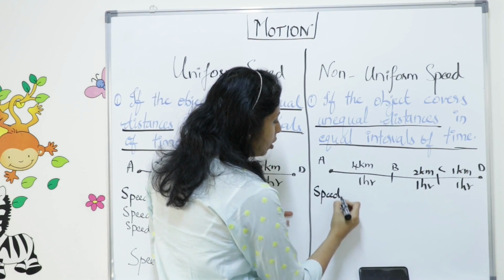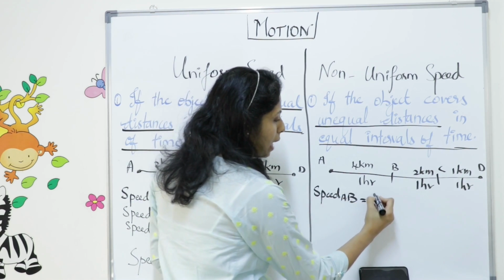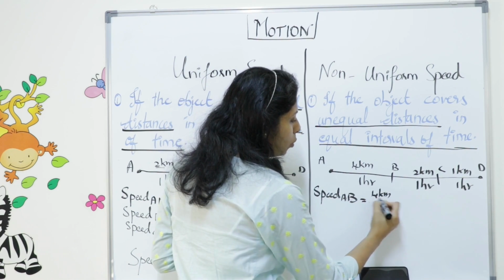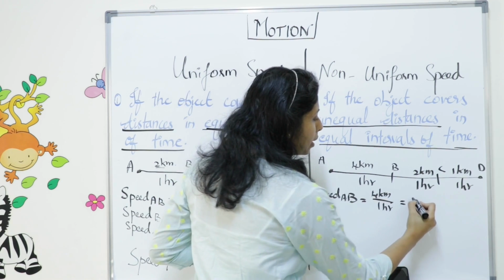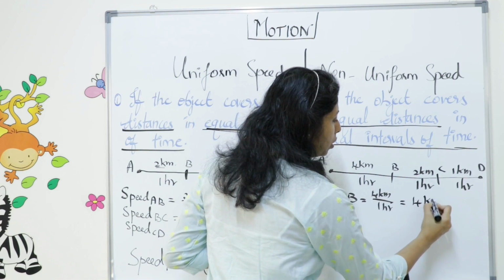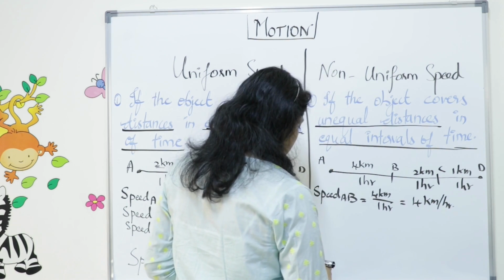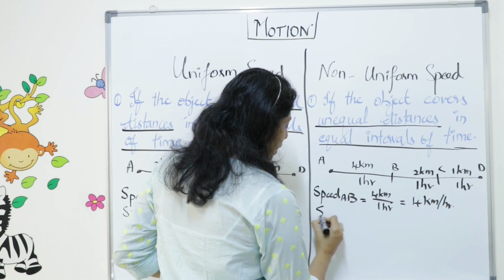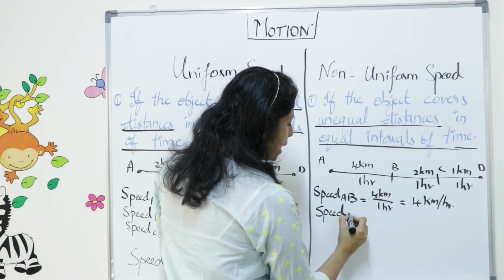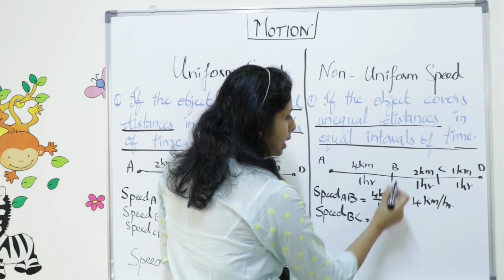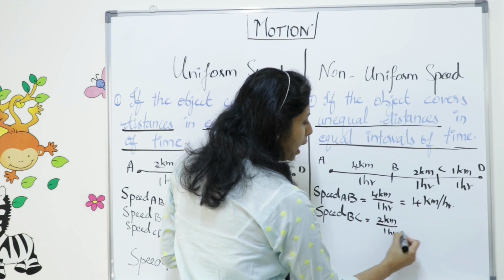So the speed of an object traveling from point A to point B can be written as 4 kilometers per 1 hour, because it is distance by time. So the answer is 4 kilometers per hour. And speed of the object traveling from point B to C, he has taken 2 kilometers in 1 hour.